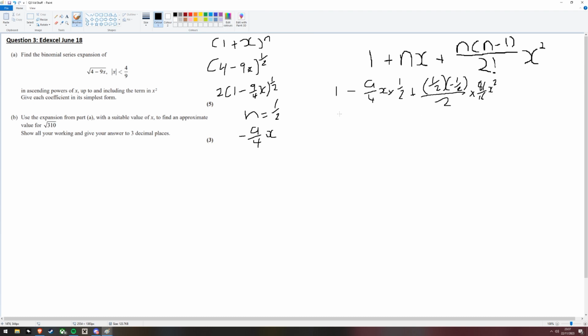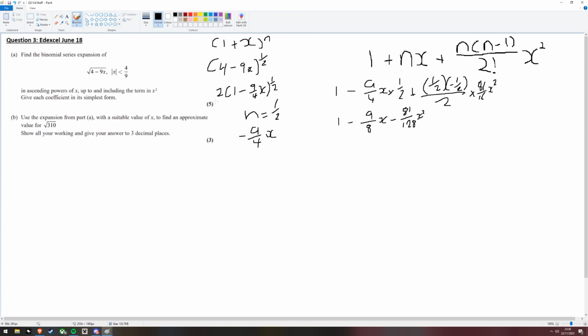Let's simplify this down. 1 minus 9 over 8 x minus 81 over 128 x squared.